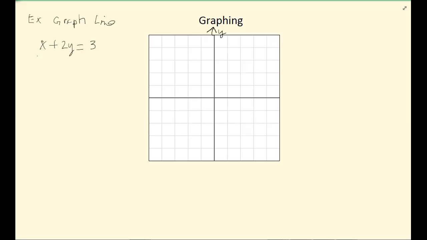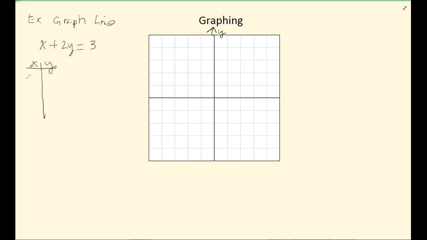So first thing, if we're going to graph a line, we need to find some ordered pairs. So the first step is finding ordered pairs. Here you're free to choose whatever values of x and y you want, as long as you only choose one at a time. Since you have two variables here, x and y, you can pick one of them.